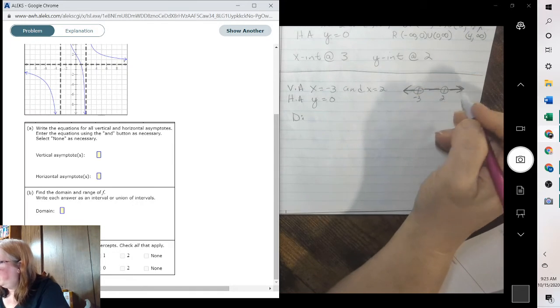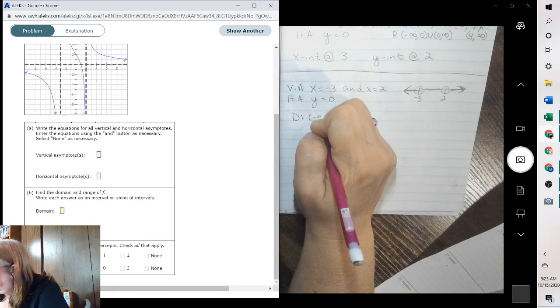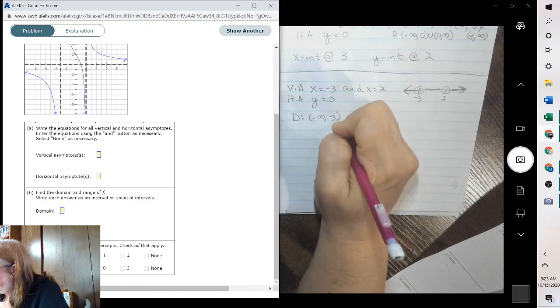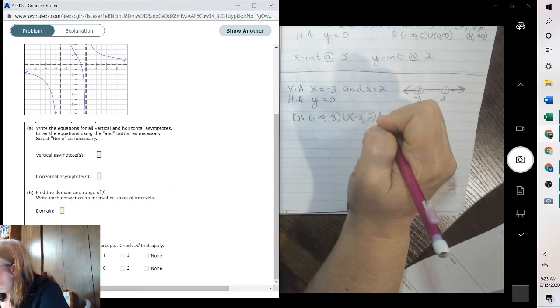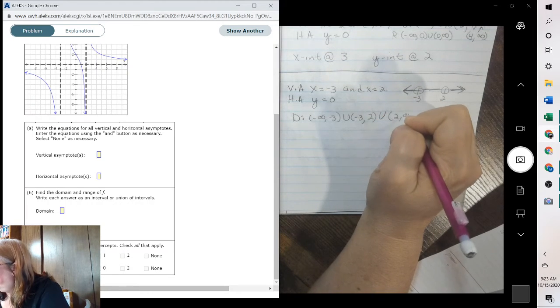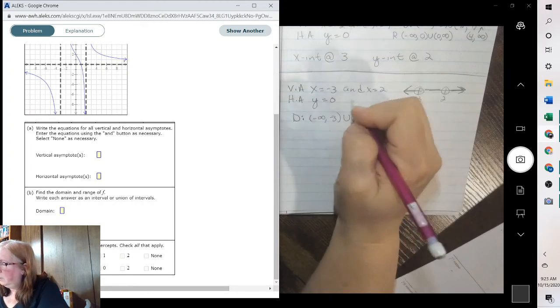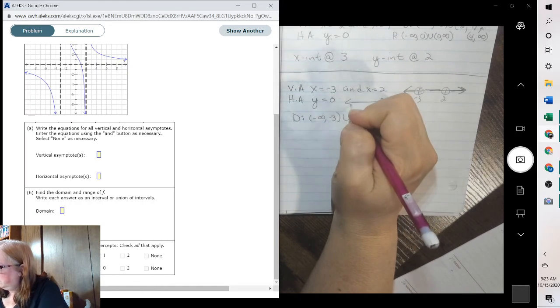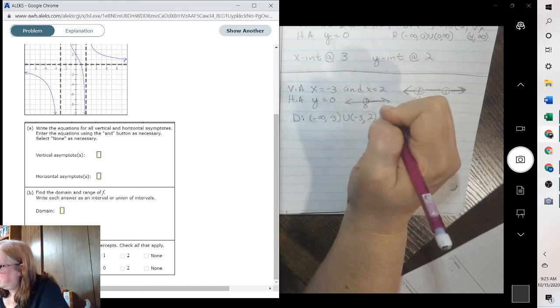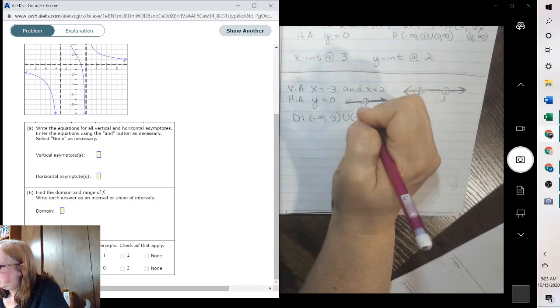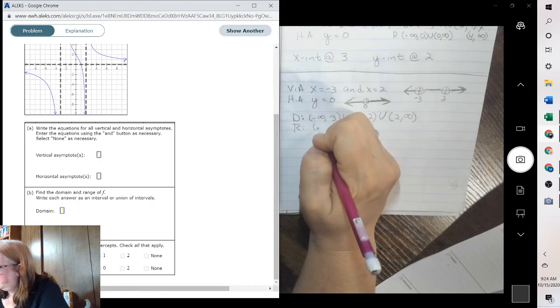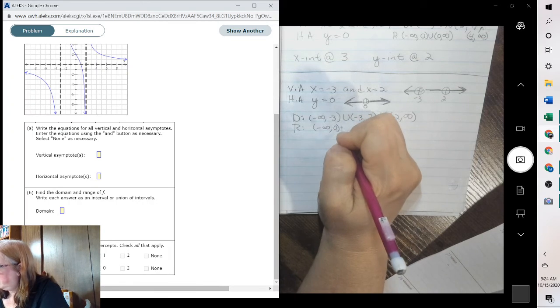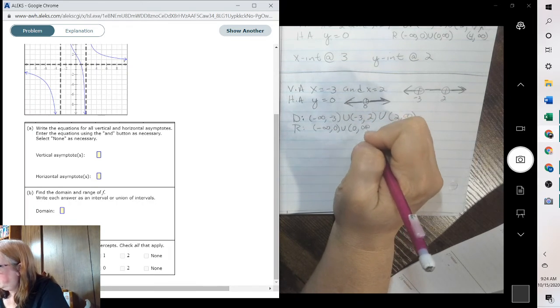So it should be 3 parts: negative infinity to -3, -3 to 2, and 2 to infinity. The range is everything except for 0, so that's why it's 2 parts. For the range, it goes negative infinity to 0 and 0 to infinity.